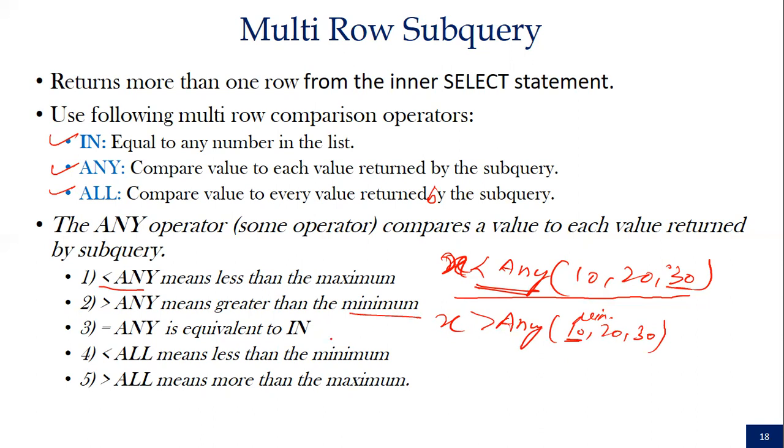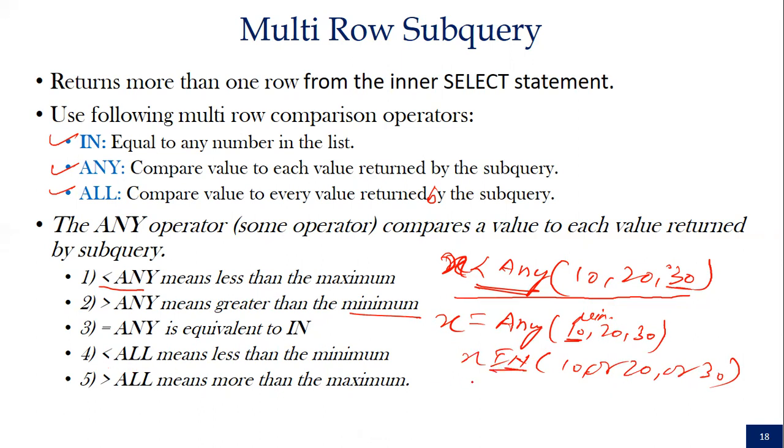Similarly, equals ANY: x equals ANY means x is 10 or 20 or 30, either of them, so it can be equal to any of them. In that case ANY will work as the IN operator. Is that okay? Yes, sir.